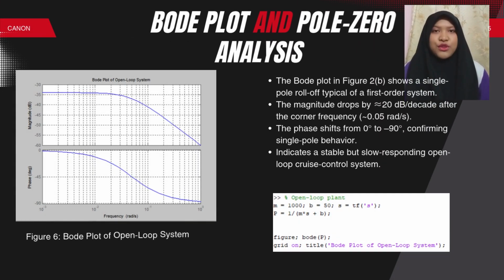The Bode plot also confirms this. It shows a typical single pole roll off of about negative 20 decibels per decade, and the phase shift from 0 degrees to negative 90 degrees, which matches a first order behavior. In short, the open loop system is stable but too slow to meet the design criteria. So, we will later add controllers to improve its speed and accuracy.